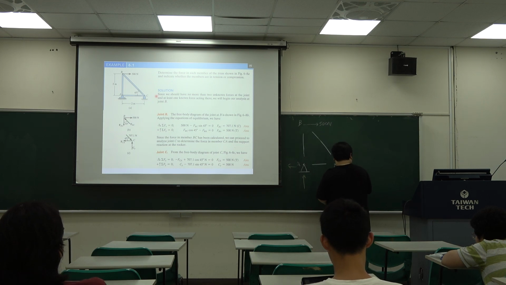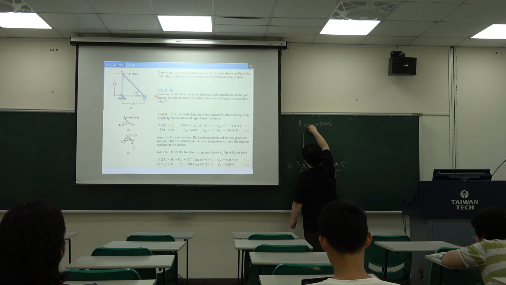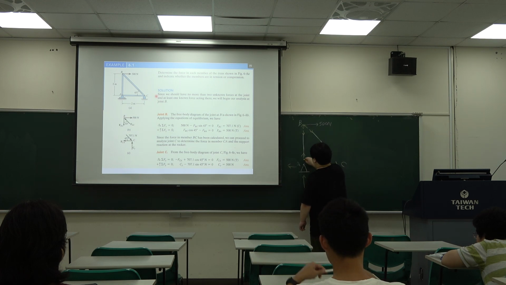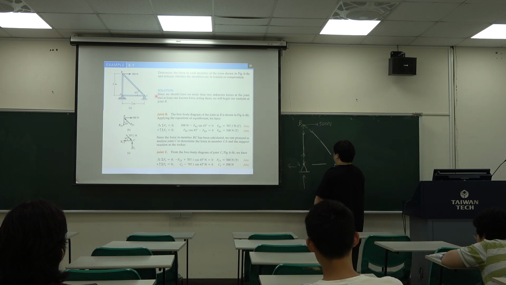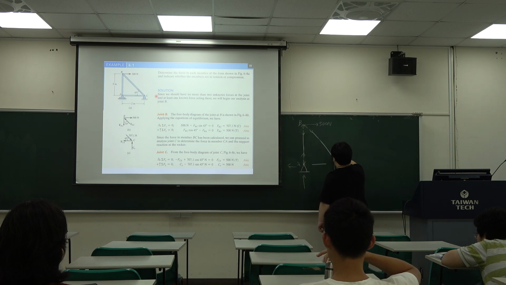We know this part has this direction force, and this part also has this direction force, and this part this and this. So this truss is a two-force member. So the force goes like this. And at point A we will get this internal force, and this also.